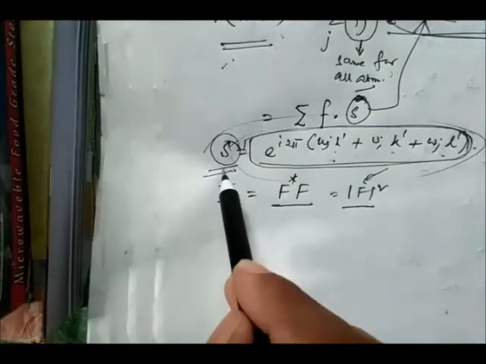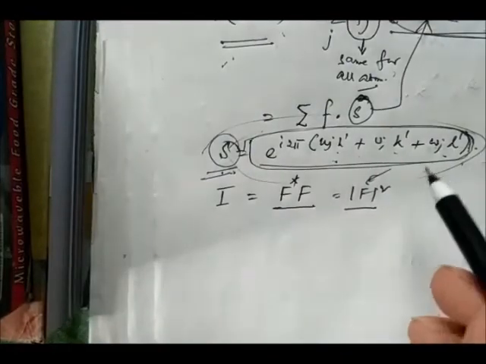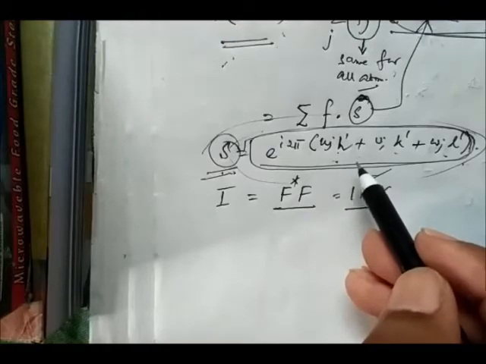But if this S becomes 0 for any particular combination of hkl, then I am getting intensity 0.